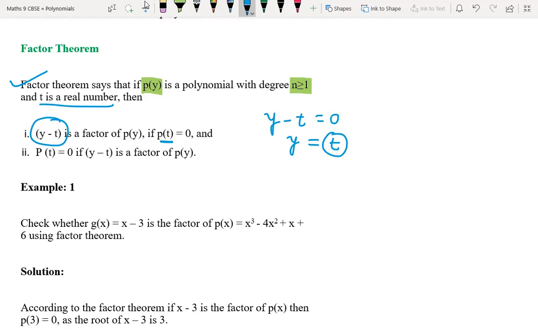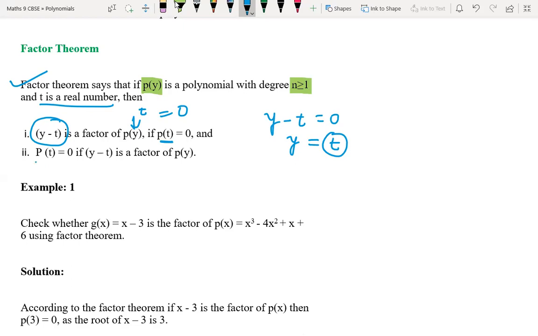It means what? Yes, sir, it means y minus t is a factor of p(y) if p(t) is equal to 0. If you are putting the value of t in this, then it should come 0. Got it or not? Yes, sir.